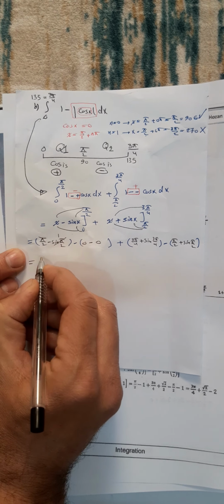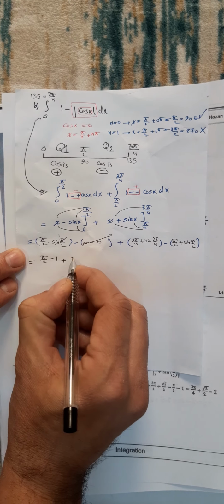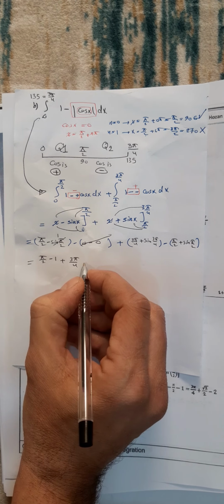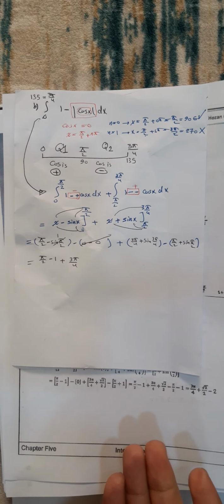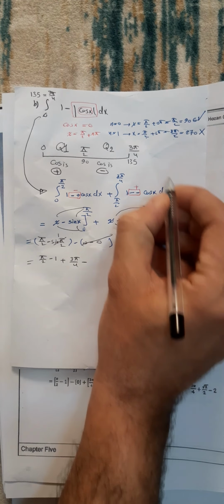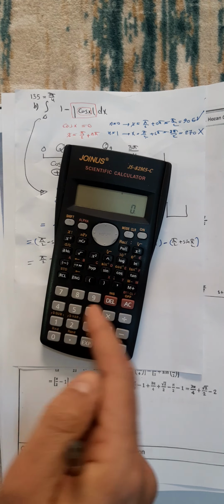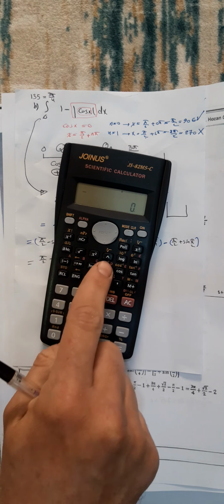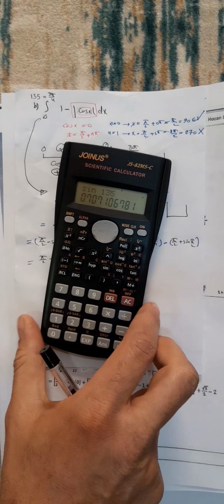By calculator, sine 135 is equal to 1 over square root 2, which is 0.7.